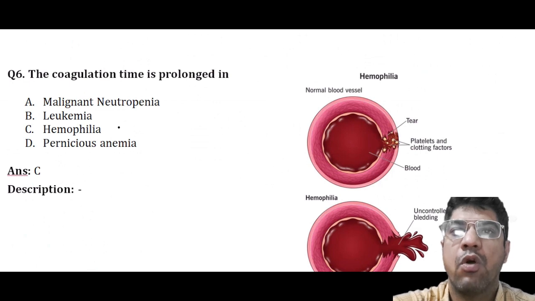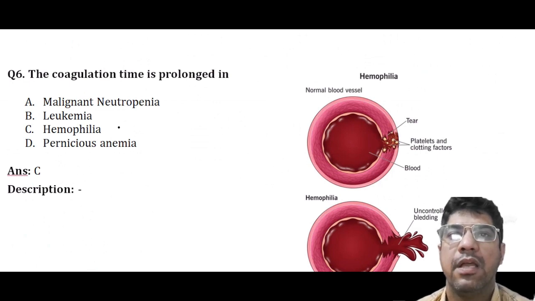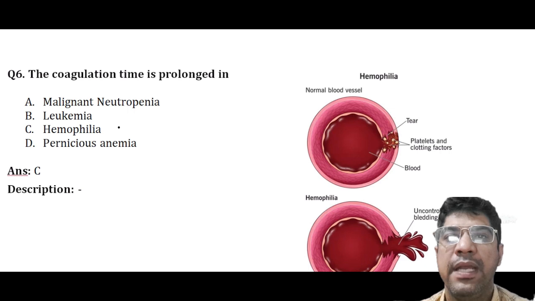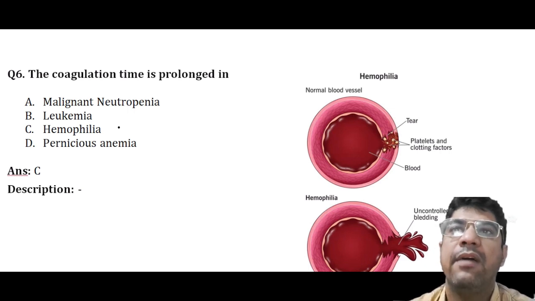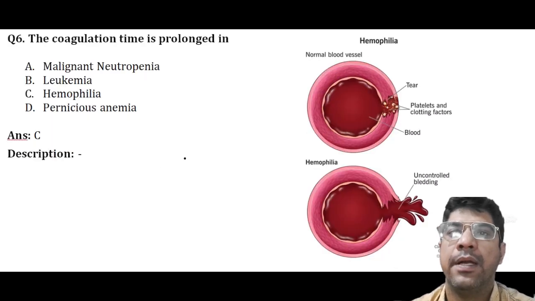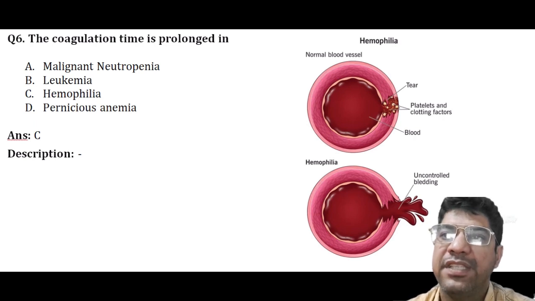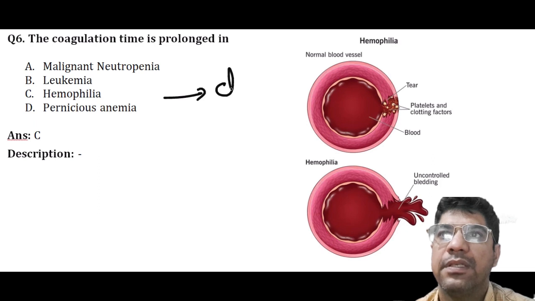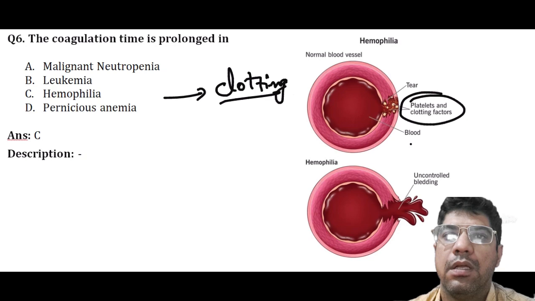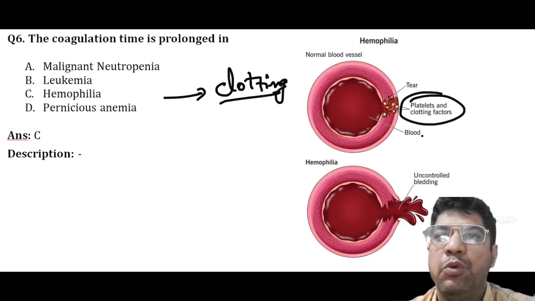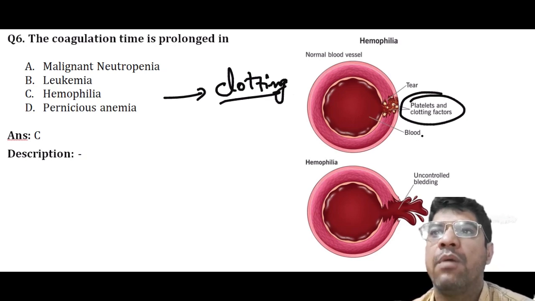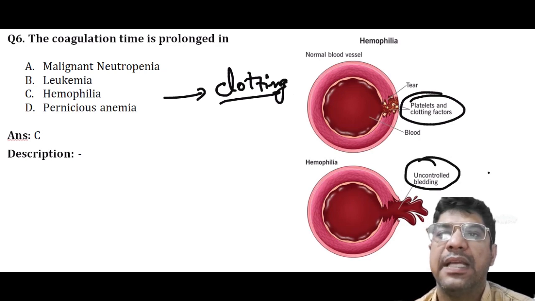Coming to the next question, the coagulation time is prolonged in hemophilia. Hemophilia, we know, is a genetic disorder that affects blood clotting. People with hemophilia have a deficiency of certain proteins known as clotting factors and have a tendency to bleed excessively even from minor injuries.